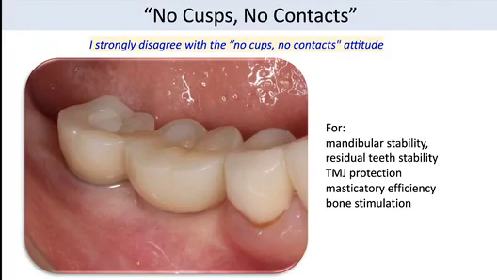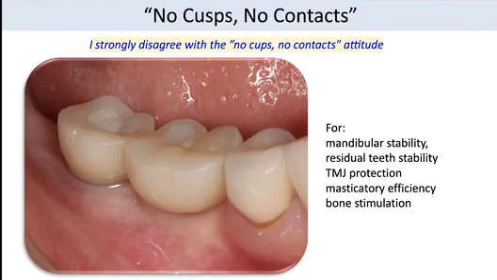Why? Because I want to have mandibular stability when the patient clenches for swallowing, for example. I want to have residual teeth stability. I don't want to impact the natural teeth beside the implant. I want to protect the TMJ.